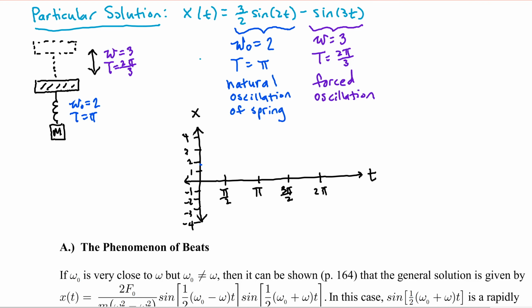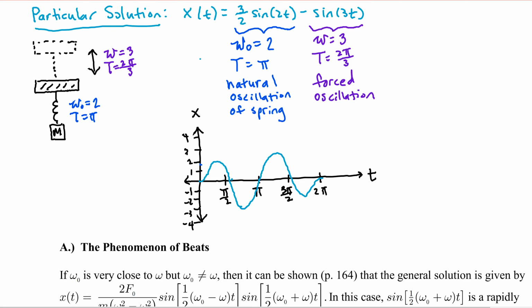So to sketch this out by hand, get some guidelines here. It's going to go something like this. Okay, and this is, of course, an approximation. And then it's going to level back out.